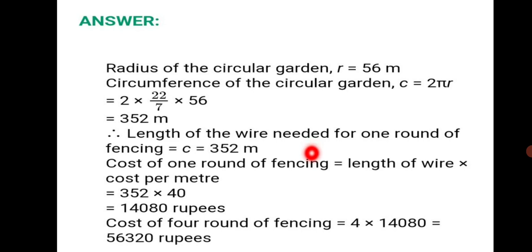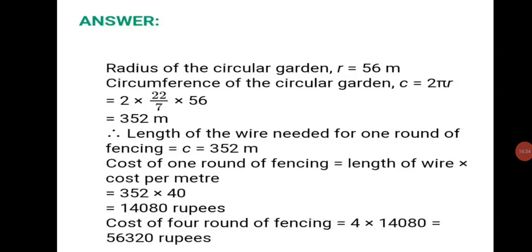The next part of the question is asking us cost of 4 round of fencing. So we multiply by 4 and you get 56,320 rupees as your answer. So write the final answer. Cost of 4 round of fencing is equal to 4 into 14,080 is equal to 56,320 rupees.